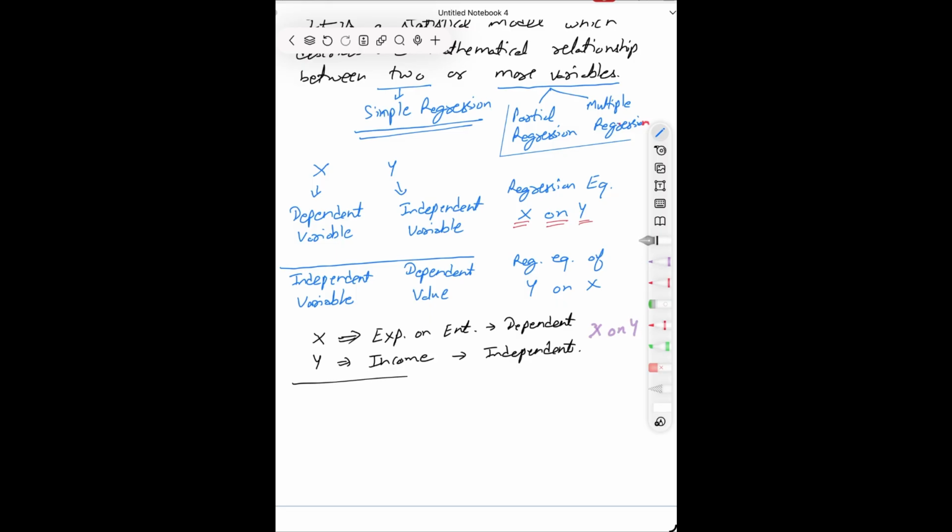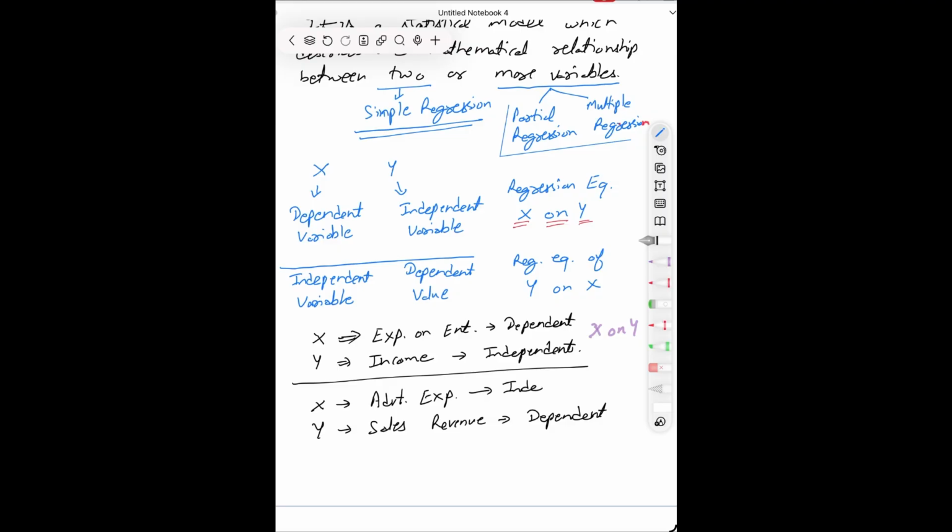But if you are taking x as the advertisement expenditure being incurred by the company, and y is the sales revenue generated, so we can assume that sales revenue is being dependent on the advertisement expenditure that is being incurred.